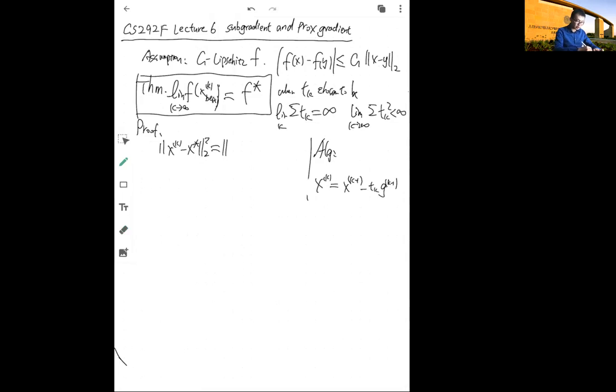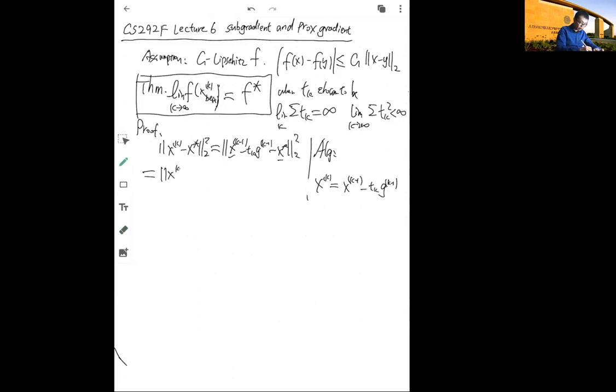By substituting this into this equation, we get ||x_{k-1} - t_k g_{k-1} - x star||. Let's combine this term and that term, in the interest of constructing the telescoping sum. So let's combine these two terms and then expand this quadratic function.